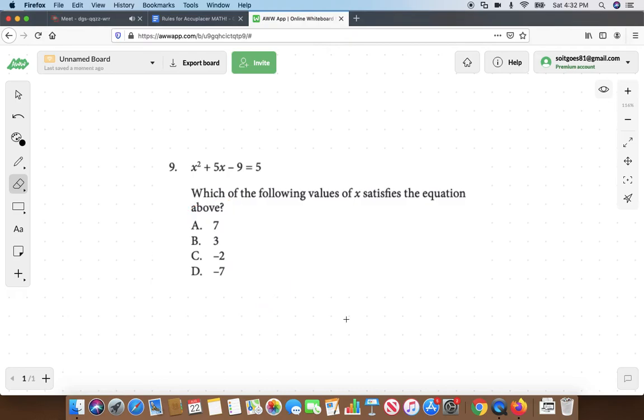Let's test them. So go ahead and plug in a 7 for x. You can just work in a space below the question. That'd be great. And we'll plug them in and see which gives us a true statement.